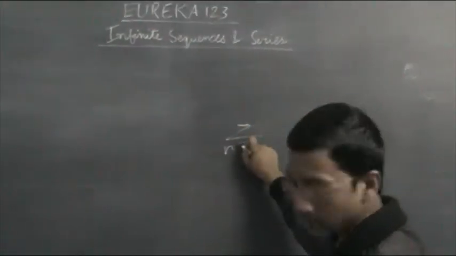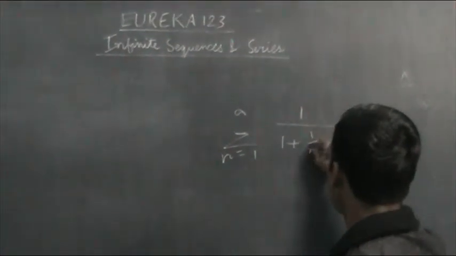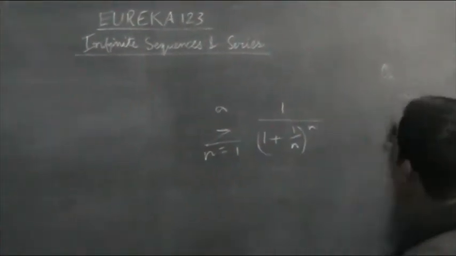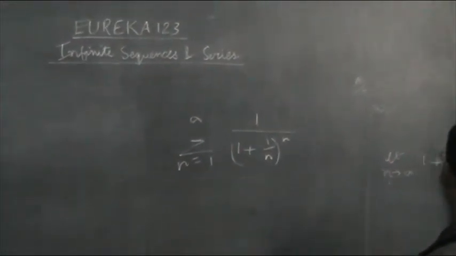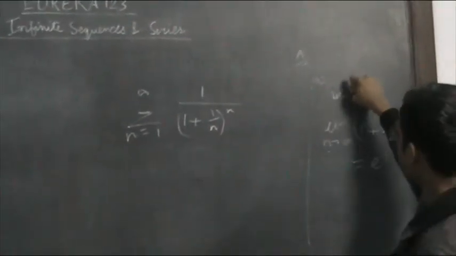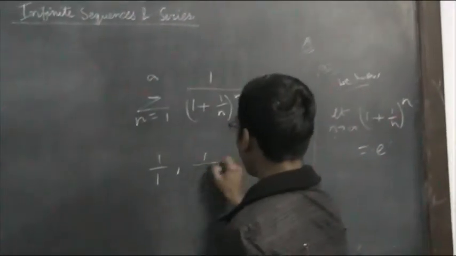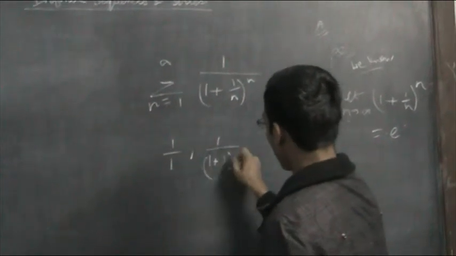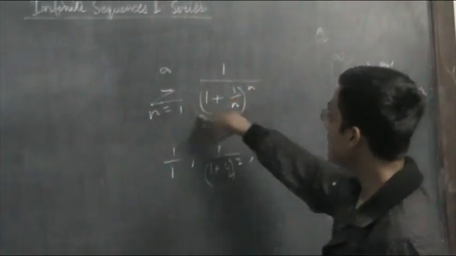If you take another example, the sum from n equals 1 to infinity of 1 by (1 plus 1 by n) to the power n. Now, we know that the limit as n tends to infinity of (1 plus 1 by n) to the power n is e. We will apply this here. The first term will be 1 by 1, the second term will be 1 by (1 plus half) square, and the last term, as n is tending to infinity, is tending to e.